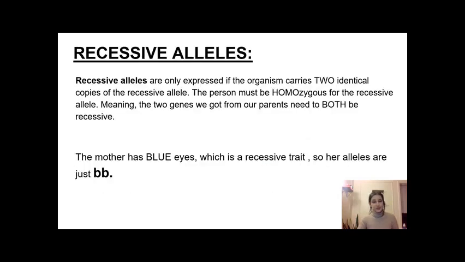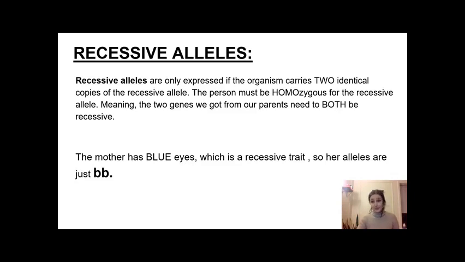And as for recessive, pretty similar, but a little bit different. Recessive alleles are only expressed if the organism carries two identical copies of the recessive allele, meaning they have to be homozygous for that recessive allele to show. So the two genes we get from our parents have to be recessive. If a mother has blue eyes, which is a recessive trait, her alleles have to be little b, little b, which she has to get from her parents.